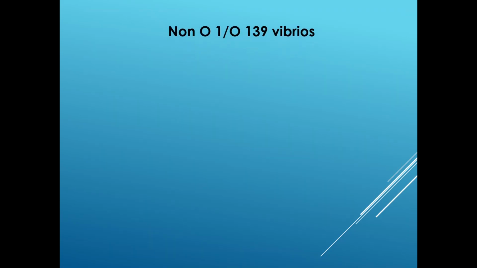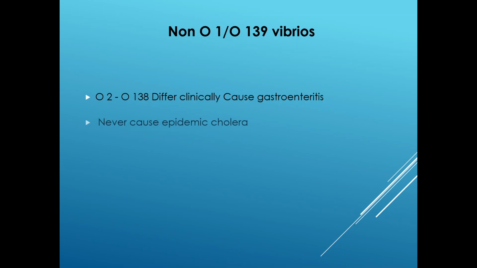What does non-O1, non-O139 Vibrio mean? These Vibrio cholerae include serogroups from O2 to O138. They clinically cause gastroenteritis but never cause epidemic cholera.